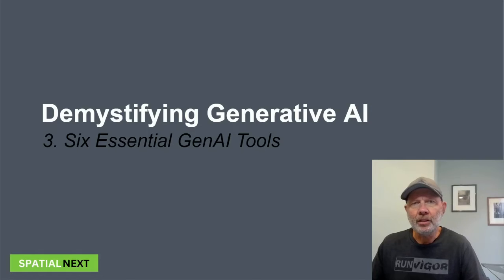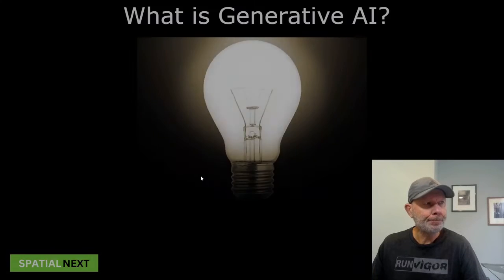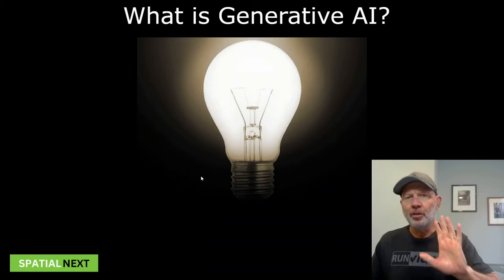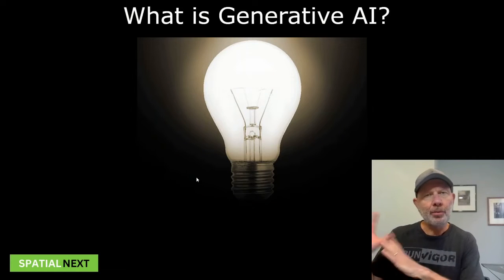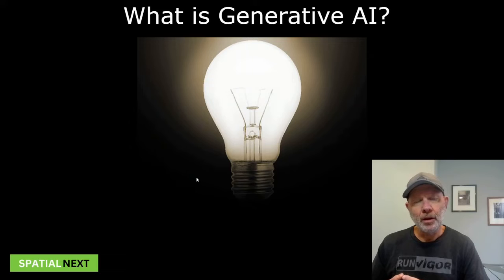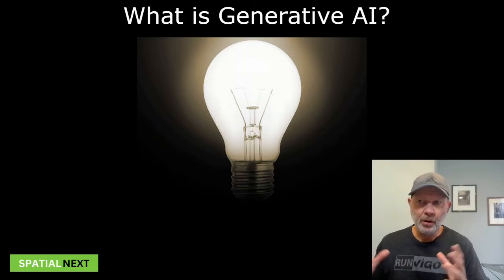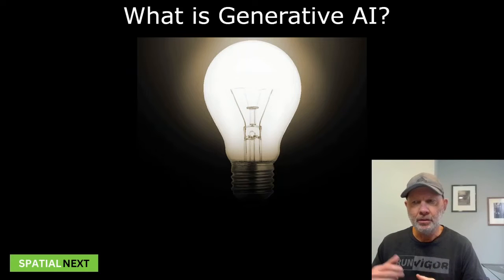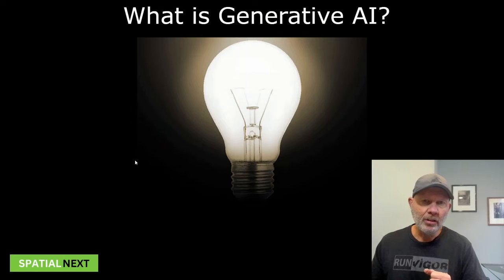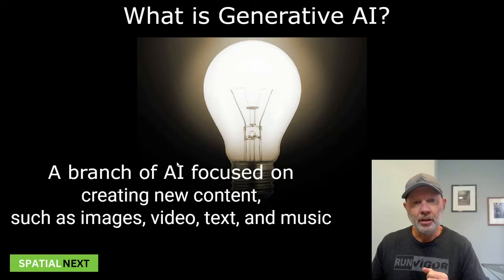So as I said there, we're going to talk about the 6 essential Gen AI tools. Just before I jump in, in our previous 2 videos, we spoke at some length about the guts of what is generative AI. We spoke about AI and deep learning and neural networks. But what is generative AI for those that didn't see those videos?